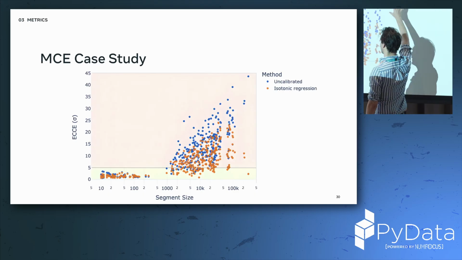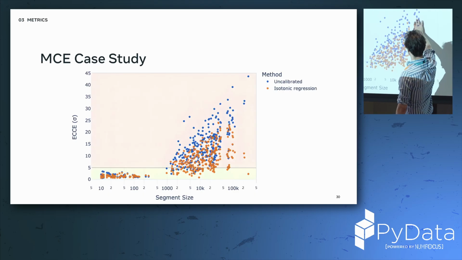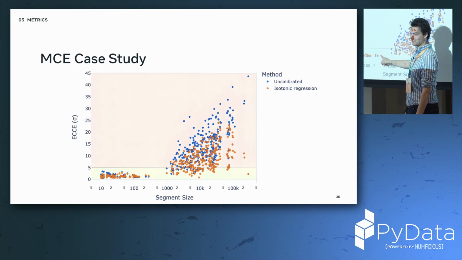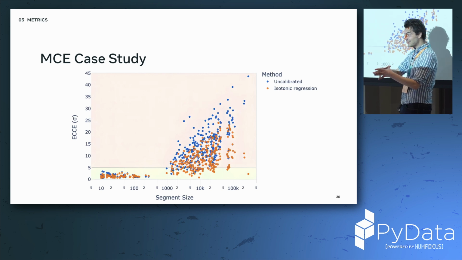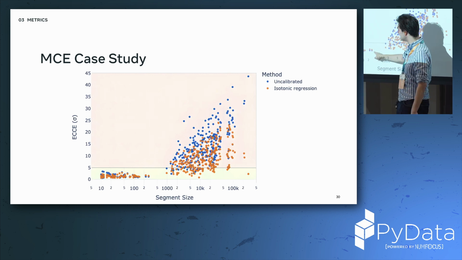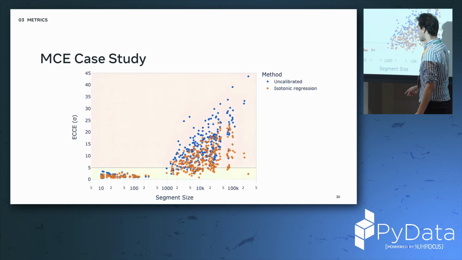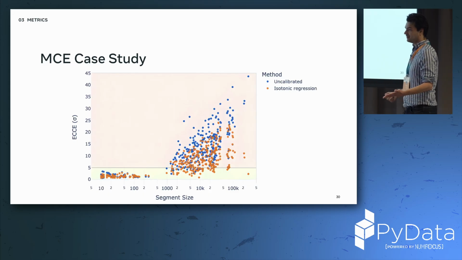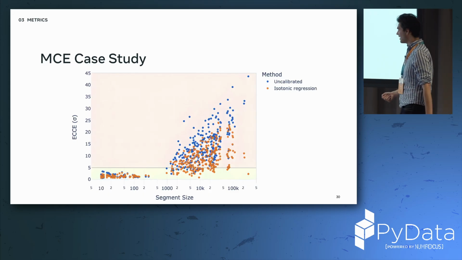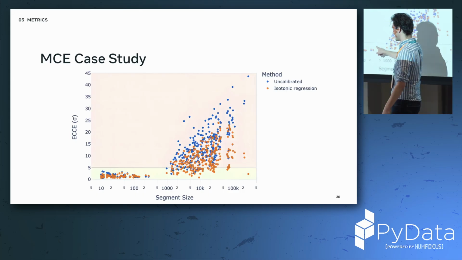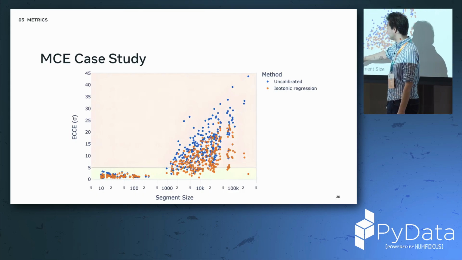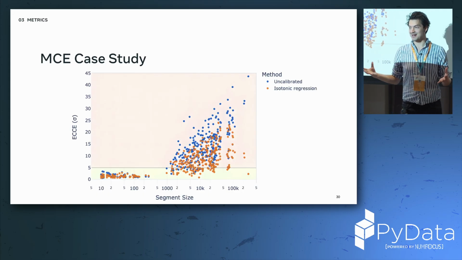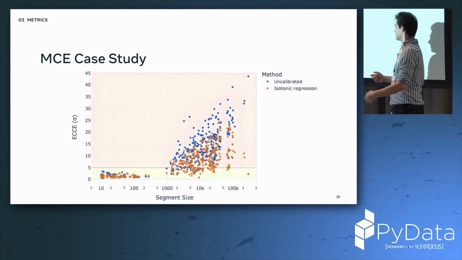Other smaller subsets have other sigmas. Whenever we slice into really fine-grained small subgroups, the sigma was really small, but to be honest, this is more of a small sample issue. We just don't have the statistical power to detect miscalibration in such small groups, right? That doesn't mean they're not miscalibrated. It just means we don't have enough samples to say whether they are miscalibrated or not.